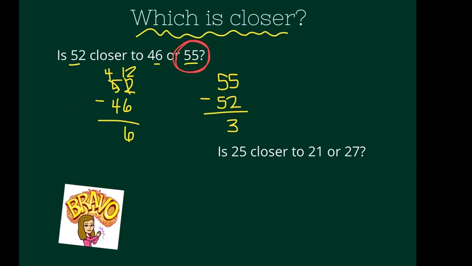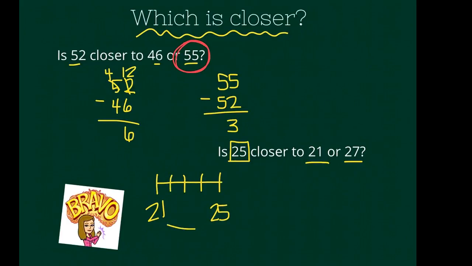Now on this one, is 25 closer to 21 or 27? I'm going to do something similar, but I'm going to think of it on a number line. So if I had the number 21 to get to the number 25, that would require 4 spots. So again, if I subtracted 25 minus 21, that's 4 spots away.